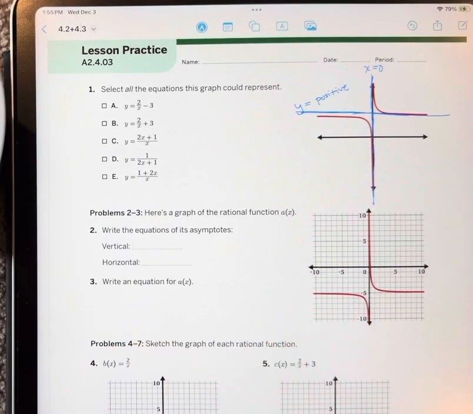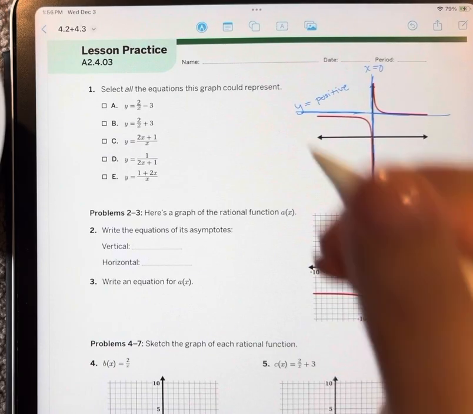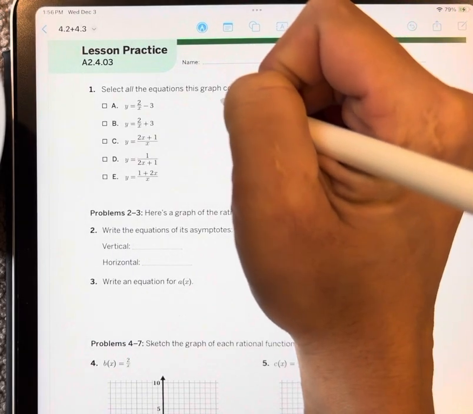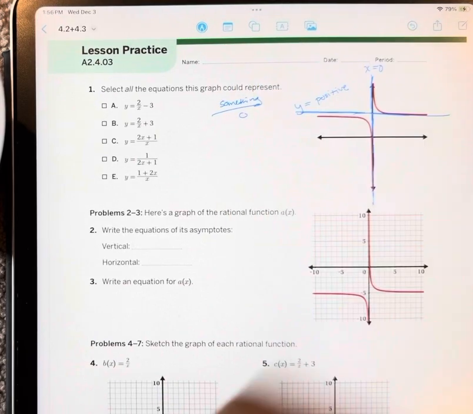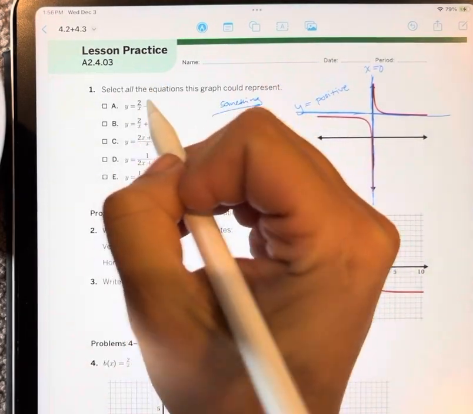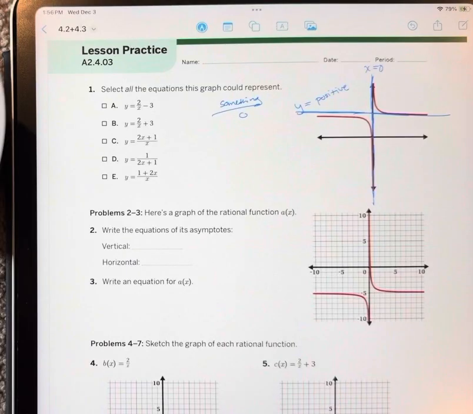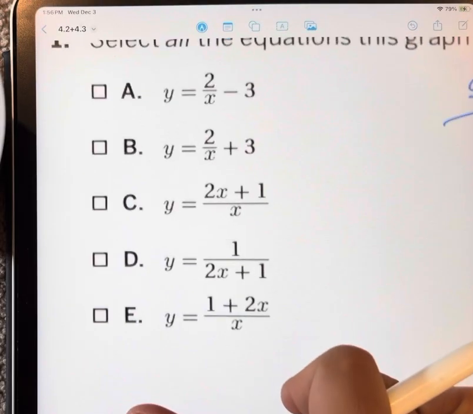So let's go see what that means. If there's a vertical asymptote at x equals 0, that means that plugging in 0 for x should cause a 0 in the denominator, something divided by 0. So look right here. I zoomed in on purpose.